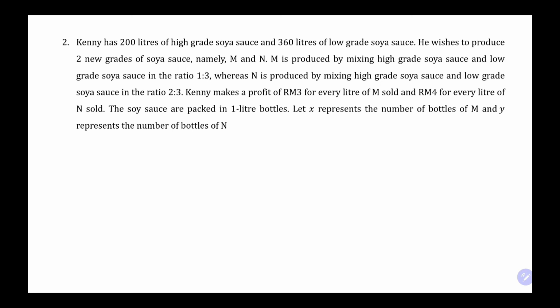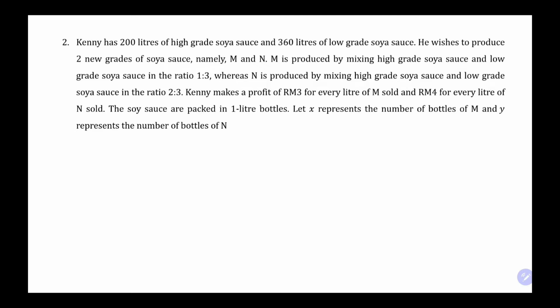Next question, number 2. Kenny has 200 liters of high-grade soya sauce and 360 liters of low-grade soya sauce. He wishes to produce 2 new grades of soya sauce, namely M and N. M is produced by mixing high-grade soya sauce and low-grade soya sauce in the ratio 1:3, whereas N is produced by mixing them in the ratio 2:3.